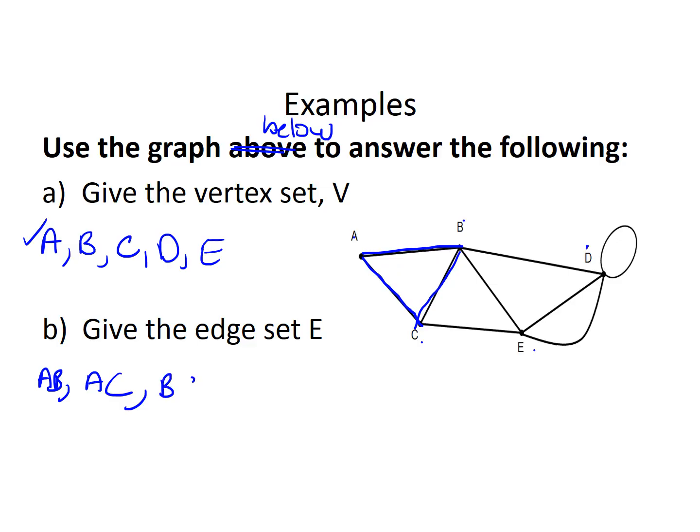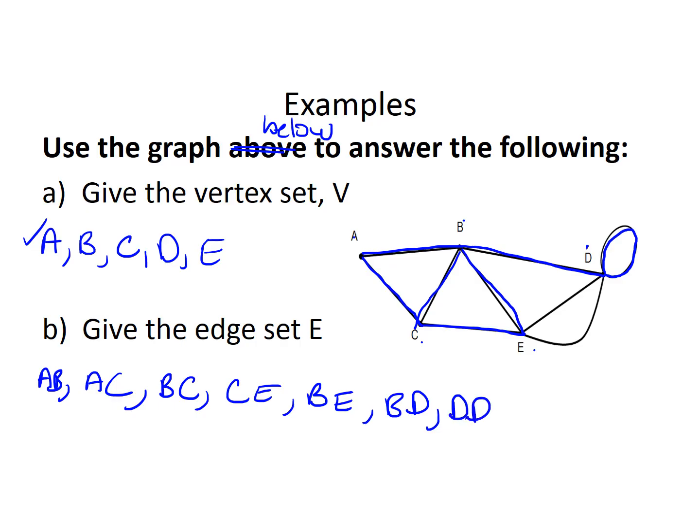BC or CB, CD, CE, BE, BD, and then you have this loop, remember, which starts at D and ends at D, so that's DD. And then you actually have two edges between D and E, DE, and you could write DE again or ED, it doesn't matter. But you actually have two of those.